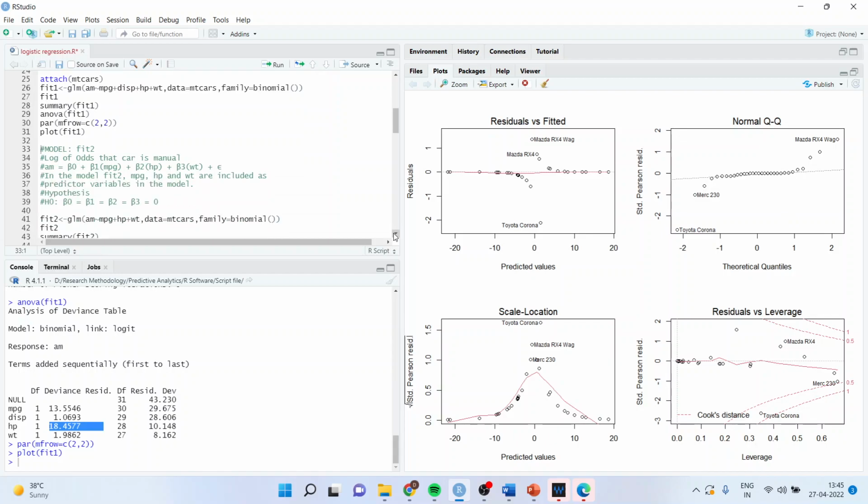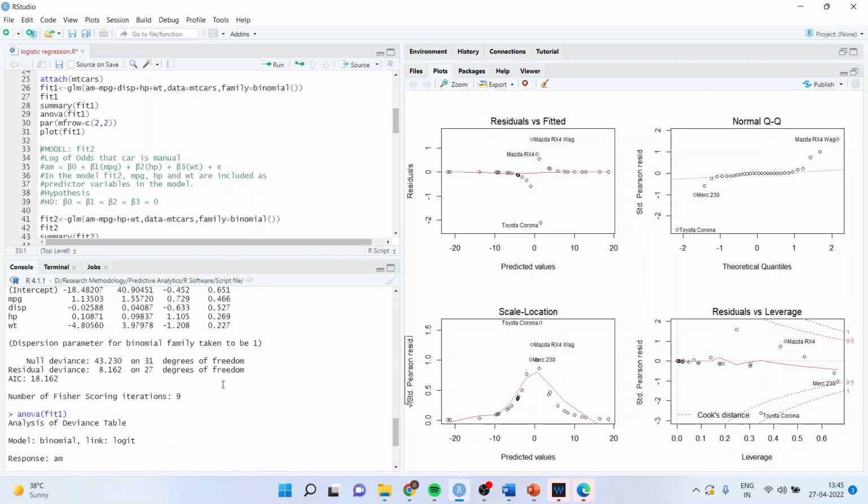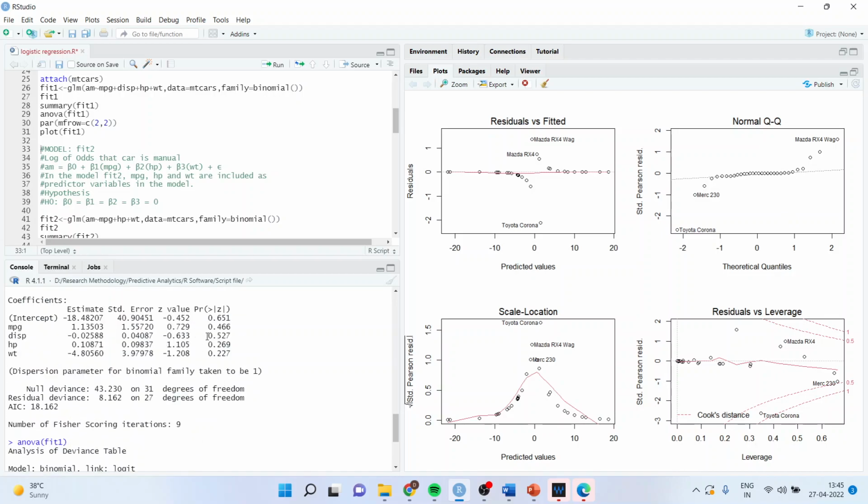Now I'm running another model, that is fit2, by dropping displacement from our model. Why? Because displacement has the highest p-value, and therefore we are dropping it and making a new model. AM is equal to B0 plus B1 into MPG plus B2 into HP plus B3 into weight.